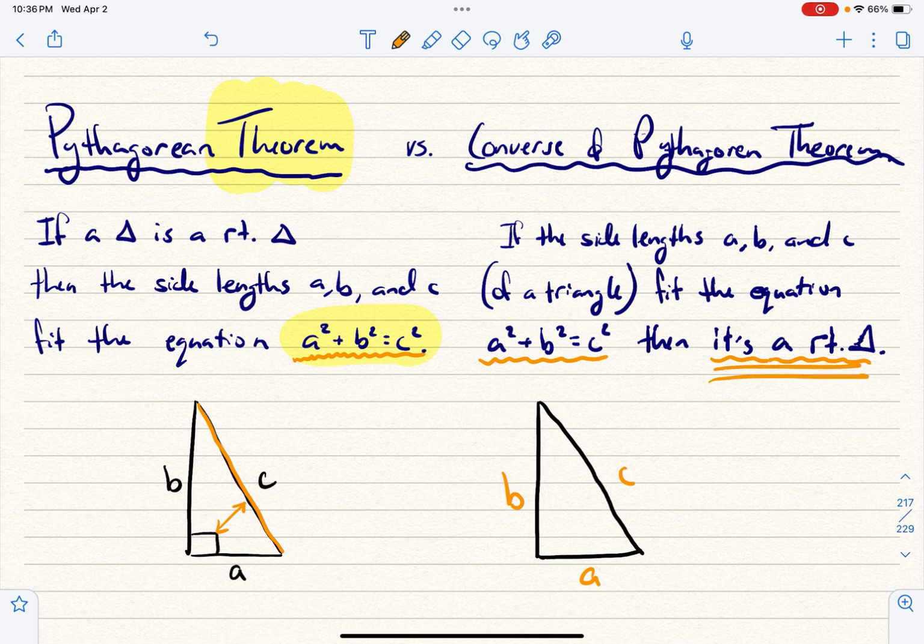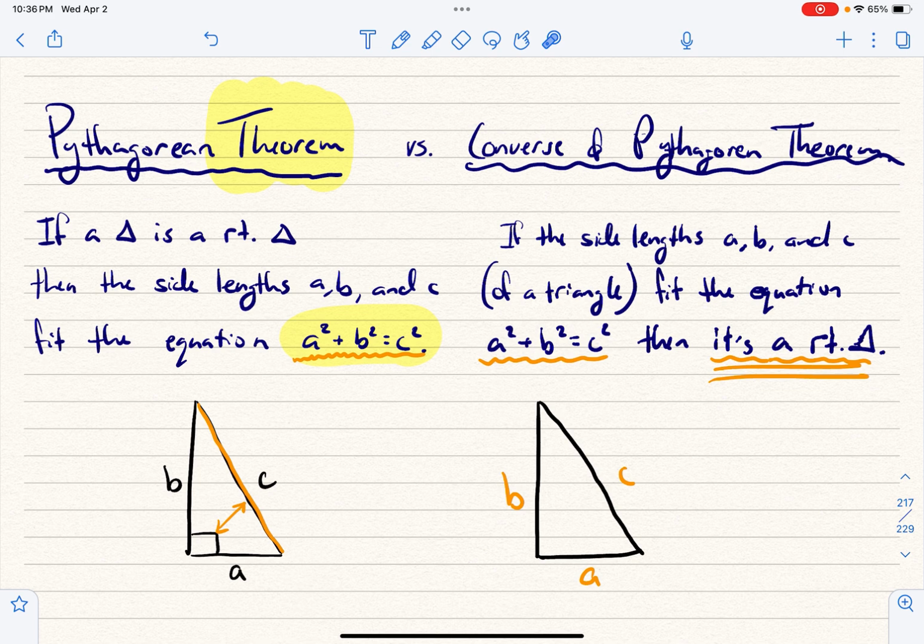So that's really what the Pythagorean theorem is and what the converse of the Pythagorean theorem is. The Pythagorean theorem says, hey, if you got a right triangle, then the side lengths A, B, and C will always fit into this formula. And if you have any triangle with the side lengths A, B, and C, and they fit into this formula, then it must be a right triangle.